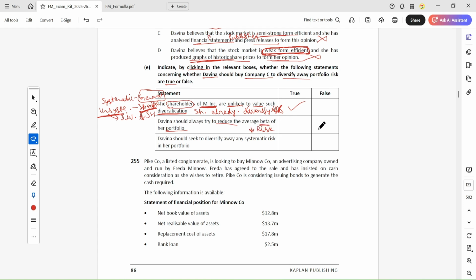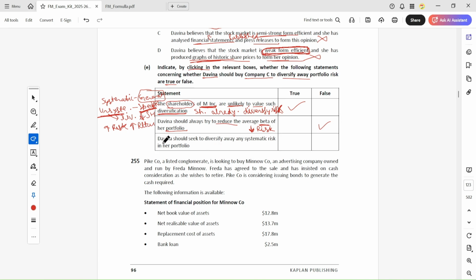No, because if the risk is increased, no problem, but the return must be increased. If the risk increases, the return should increase. So you should not try to reduce the risk. Instead, you should try to find the investment where, if the risk increases, the return will also increase. So this statement is false.